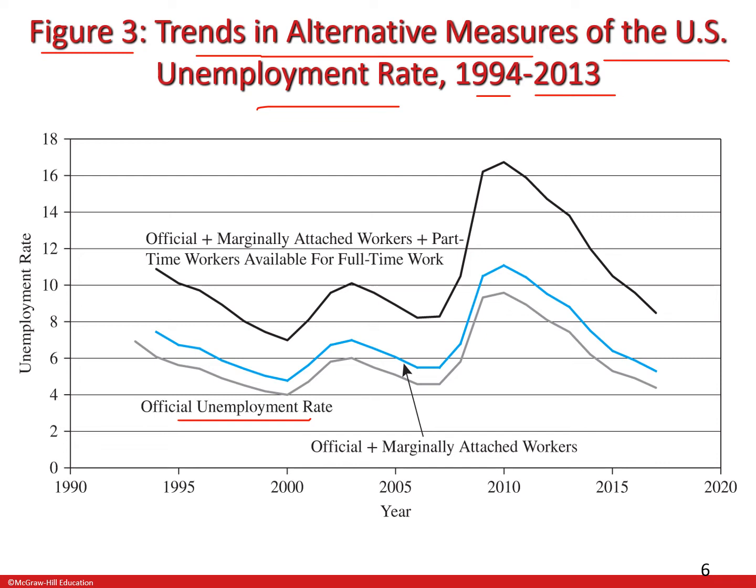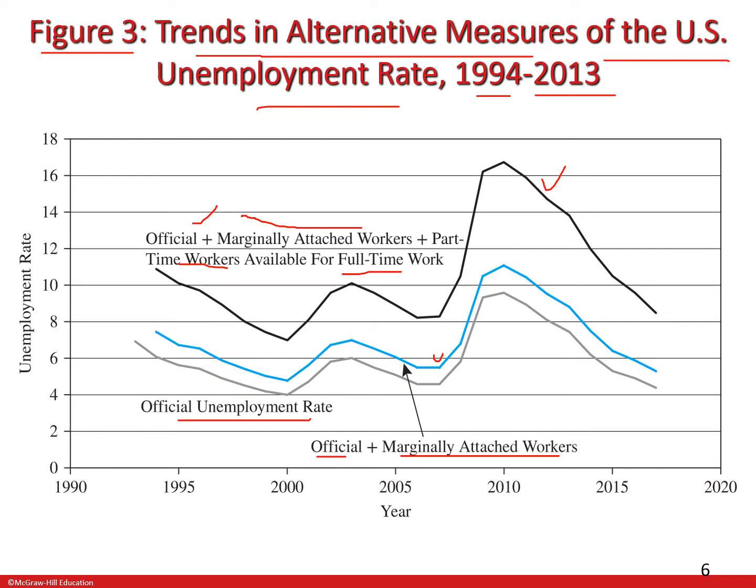If you take this official rate and add any marginally attached workers, the unemployment rate increases to the blue line. And if you also include part-time workers available for full-time work, the unemployment rate would rise to the solid black line, which is way higher than the other two.